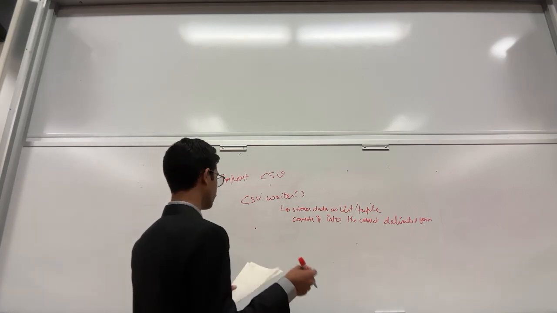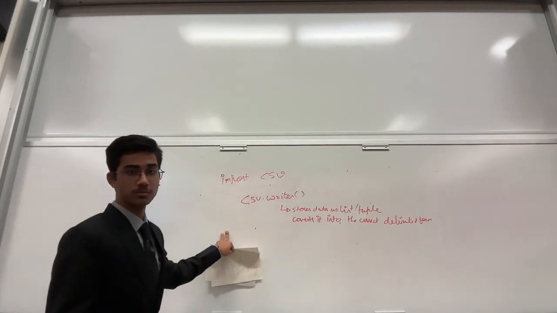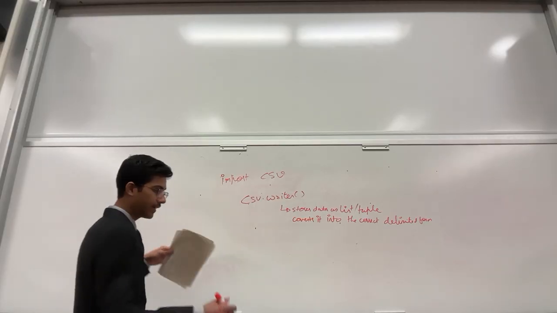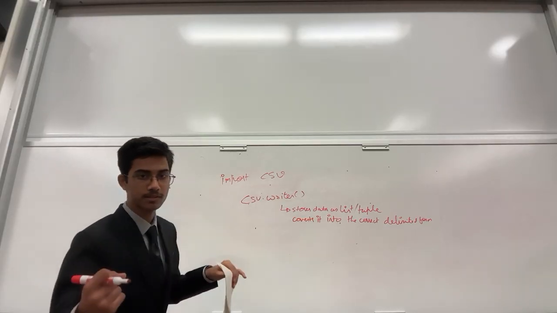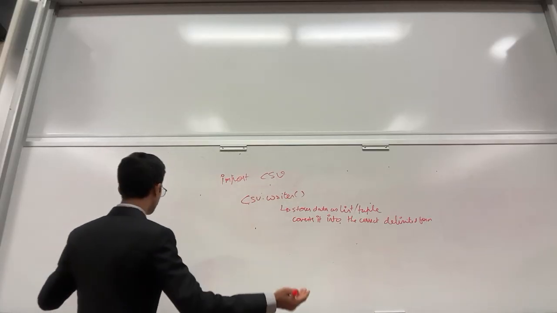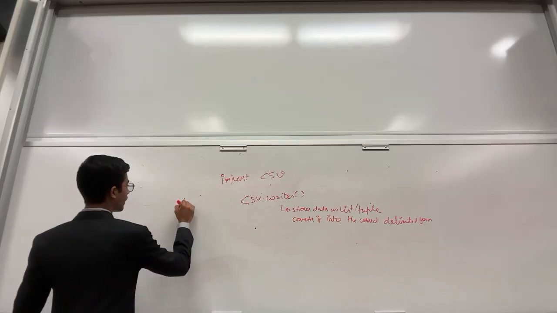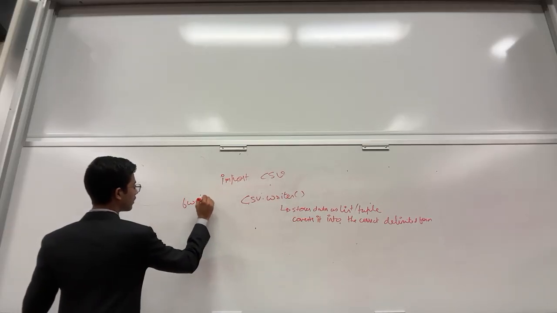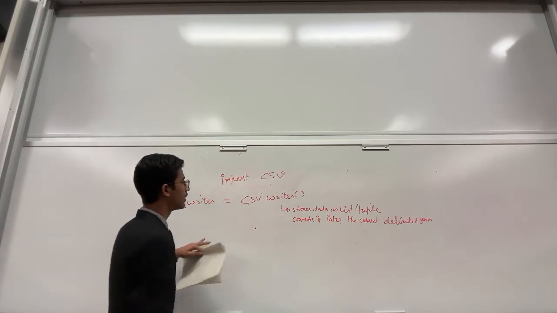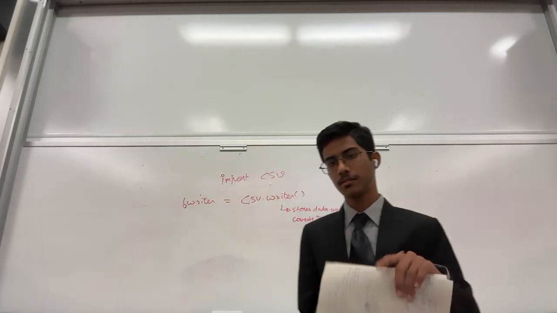Okay, how do you use this? Well, to use this, we need to once again create a writer object which we will reference when we want to use this CSV.writer. So for simplicity, let me call it fwriter is equal to CSV.writer. But I'm missing something.